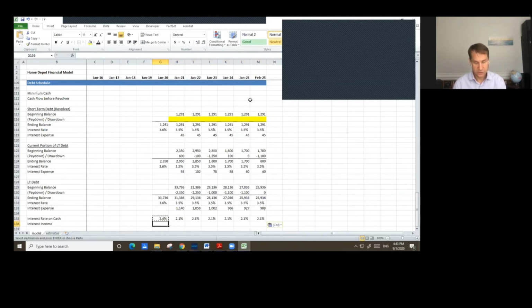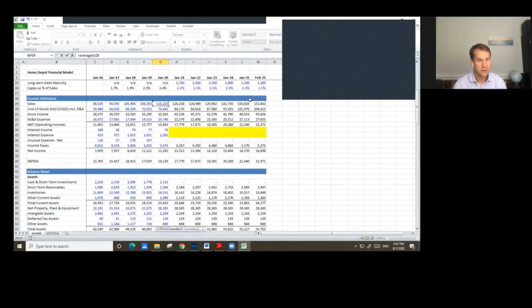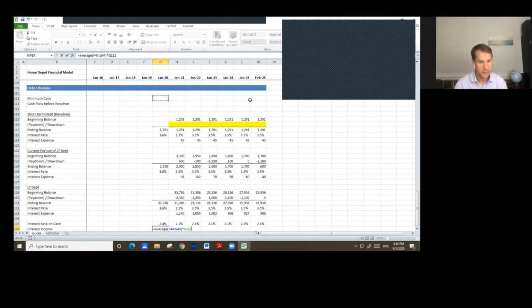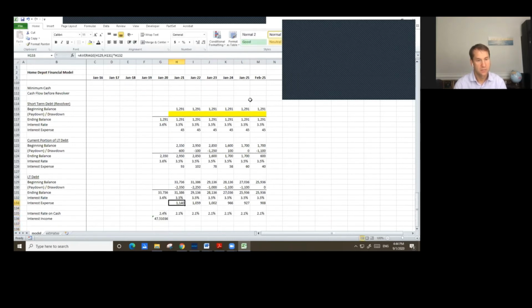And then interest income would be average cash times the interest rate. Zero in later years because we don't have it modeled yet.